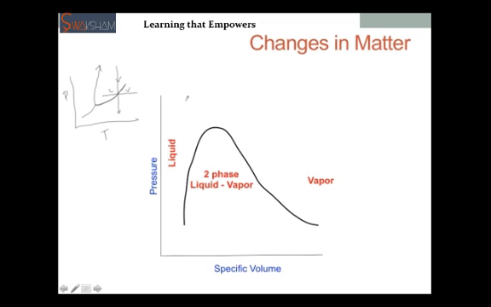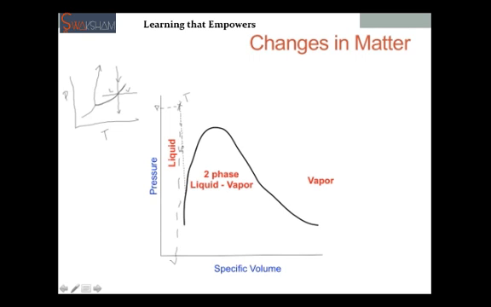In this state, if I choose a constant temperature right here, and I start with a material right here that is described by this pressure P and a specific volume V at a given temperature. At the same temperature, if I reduce the pressure, just like I had reduced the pressure here, I would see that the pressure is reduced. The volume does not change significantly.